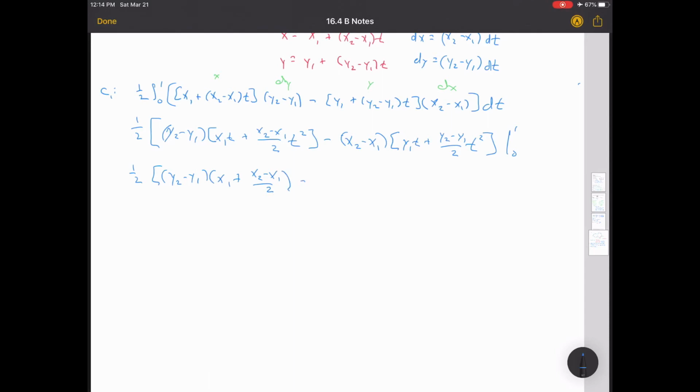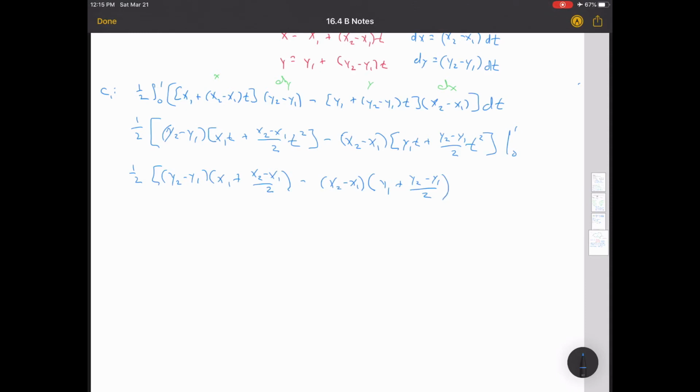And then minus x2 minus x1 stays there. And then plugging 1 in for the t, I get y1. Plugging 1 in for t squared, I just get y2 minus y1 over 2.